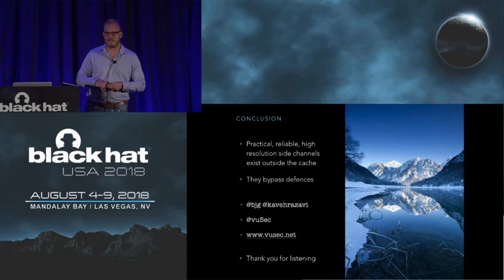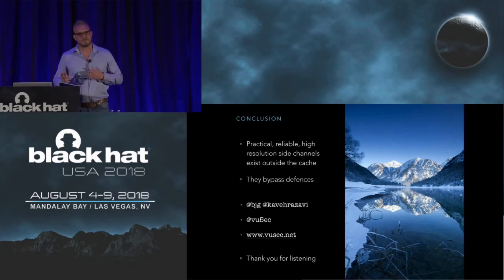What we see, because it happens occasionally anyway, is that sometimes an interrupt might occur or some other process might be scheduled on top of the victim, and then the signal is gone, of course. We didn't actually quantify this, but just from eyeballing the charts, we see a long stretch of zeros.